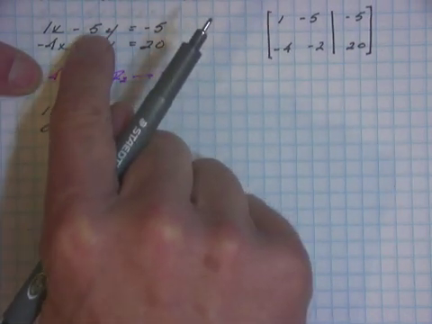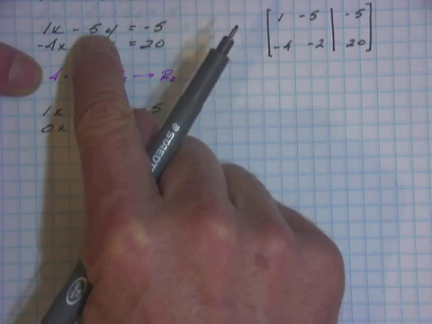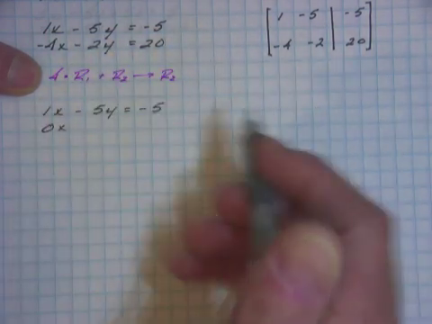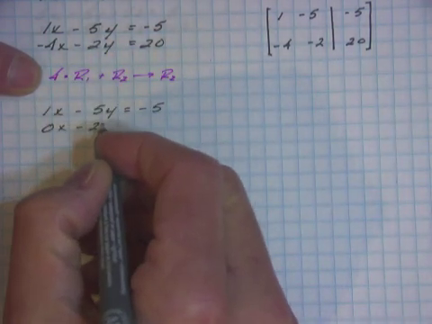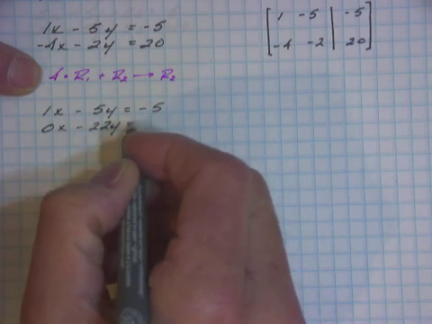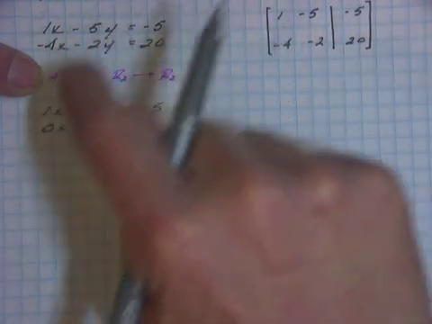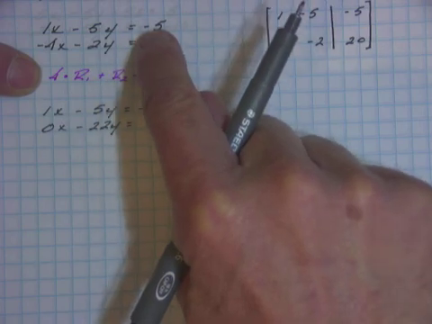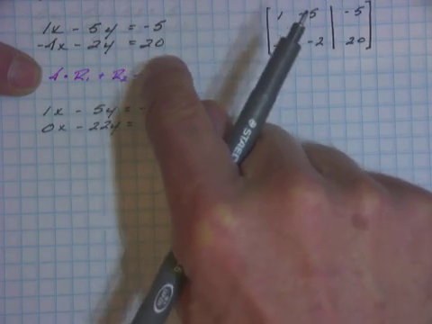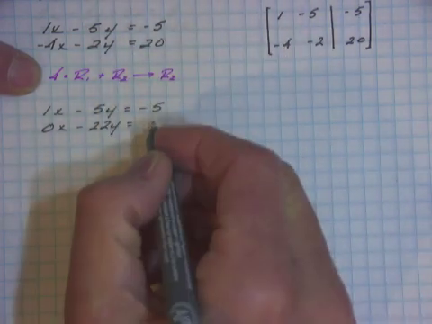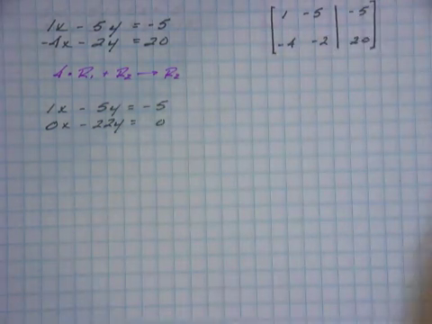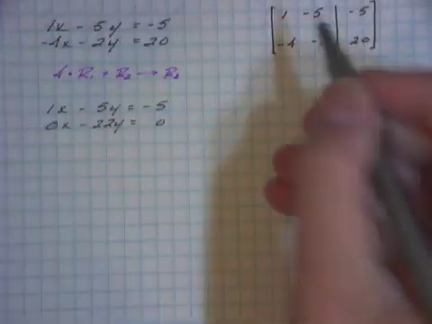So now I've got a 0x. Then 4 times negative 5 is negative 20, and negative 20 plus a negative 2 is negative 22. Equals, and I have to do the same thing with the answers. So 4 times negative 5 is negative 20, and negative 20 plus 20 is 0.